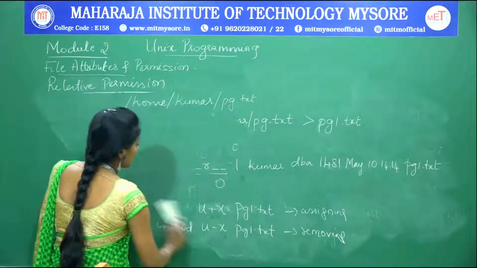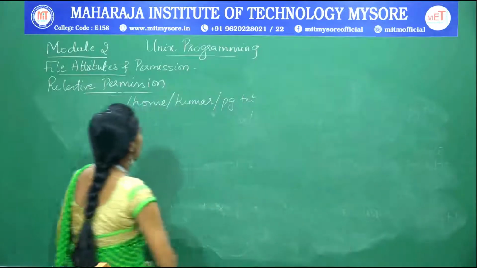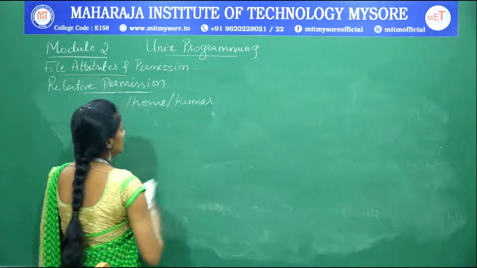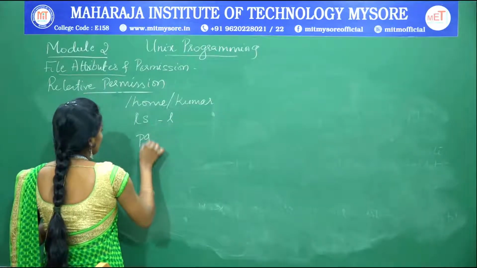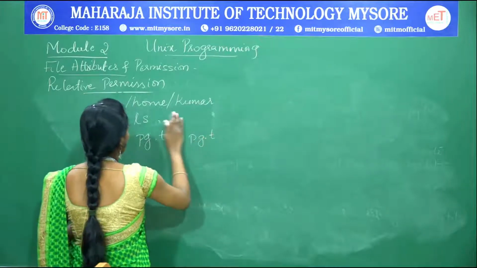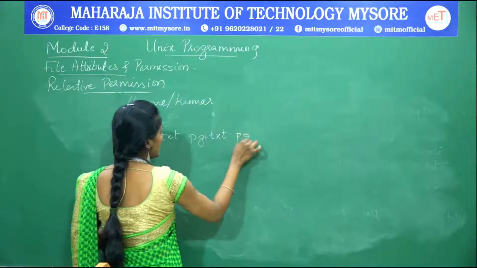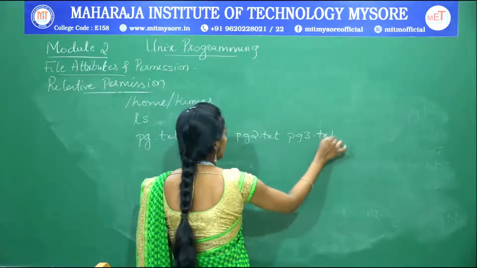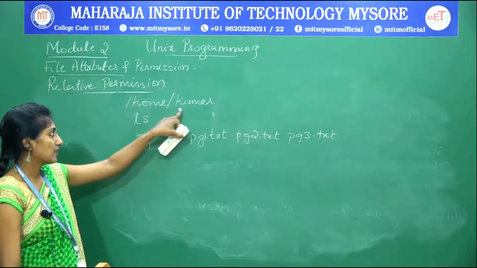Okay, let me create this first and explain. pg.text file, pg1.text, pg2.text file, pg3.text file. So assume we have these four files under the Kumar directory.